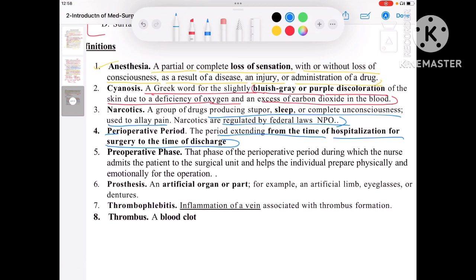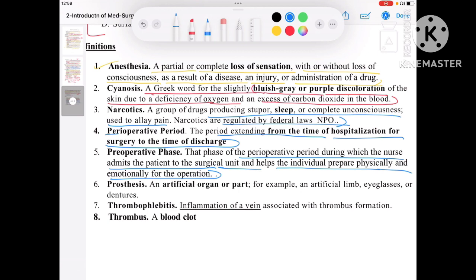What is the preoperative phase? It is the phase of the perioperative period when the patient is admitted to the surgical unit and helped to prepare physically and emotionally for the operation. Before the operation is the preoperative phase, before surgery.